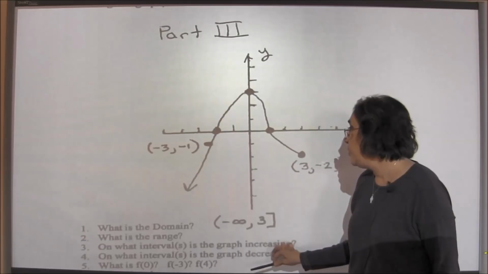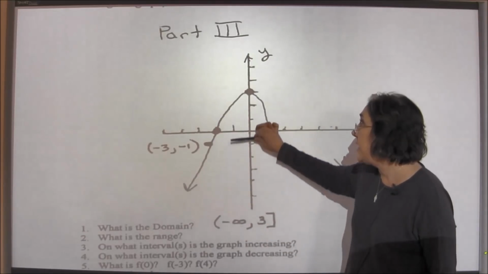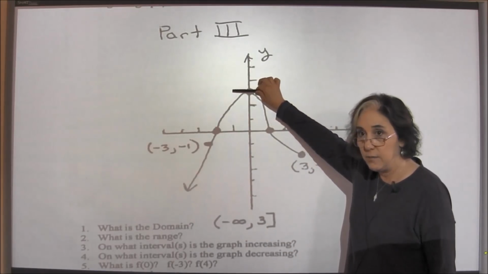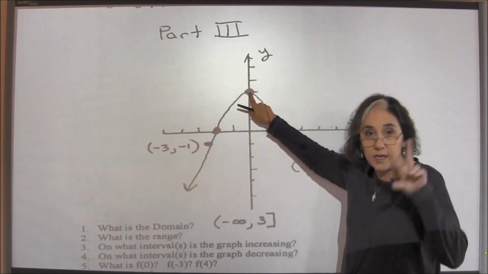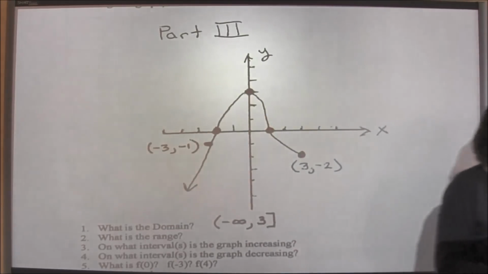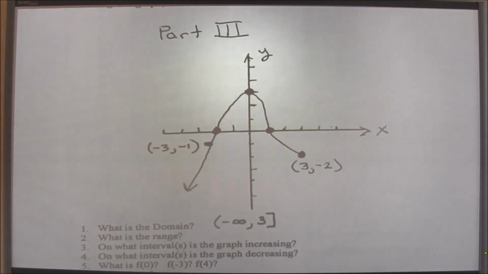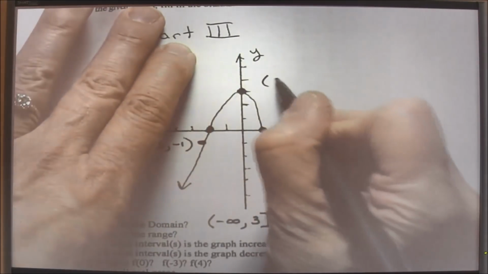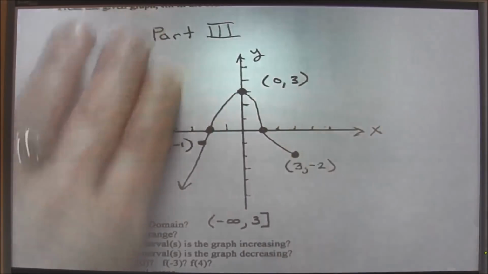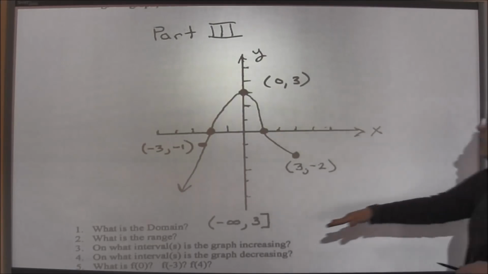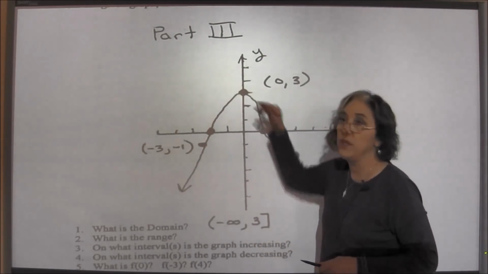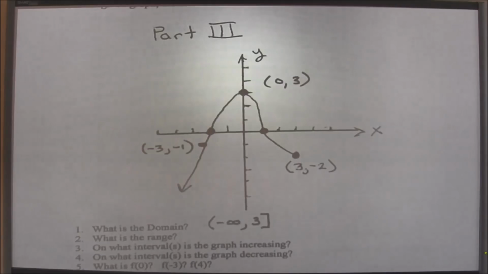So I'm going to say negative infinity until I get to this highest point, but be really careful when they're on an axis. We tend to switch those. Okay, that is the point 0, 3. It doesn't hurt to write the points, write more so you can see visually and engage more parts of your brain. So the range then is from negative infinity all the way up to 3. And it does include 3.